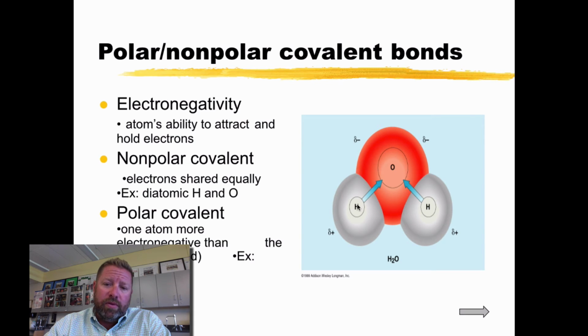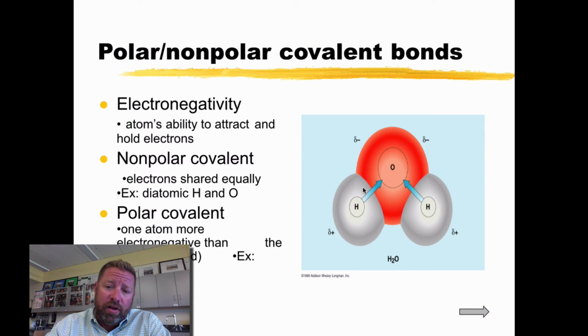So if we were to jump down inside of these atoms, we've got an oxygen, a hydrogen, and a hydrogen. Oxygen has 8 protons. Hydrogen has 1 proton, hydrogen has 1 proton. We know that protons have a positive charge. So there are 8 positive charges in the center here, and 1 positive charge in the center here.